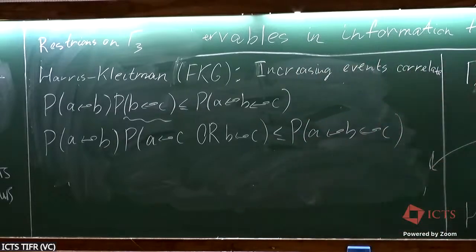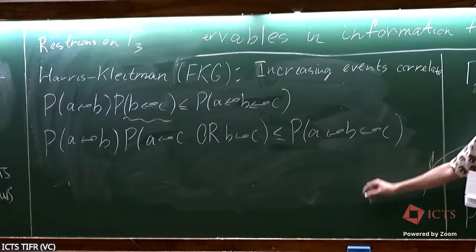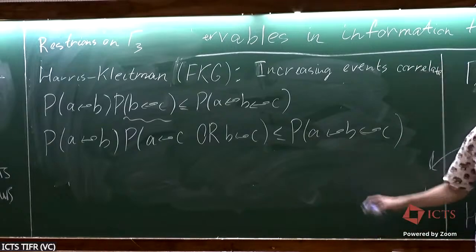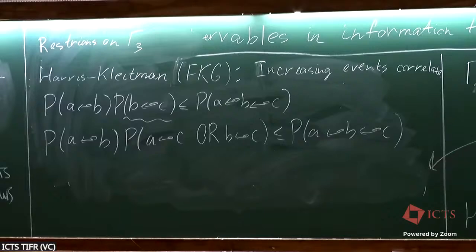So ta-da, we got a better inequality. And basically, this is all that was known for like 40 years about gamma 3. So this is it. This is the set of inequalities.